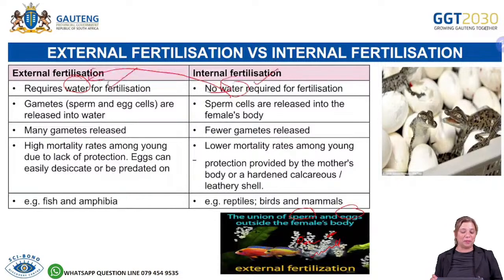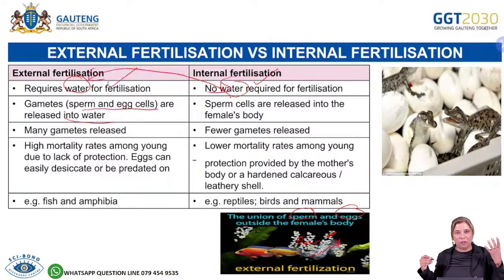That was an example. So gametes, sperm and egg cells, are released into the water. We used the example of the fish. Now when you think about external fertilization, think about the fish. When you're thinking about internal fertilization, you think about human beings as an example.